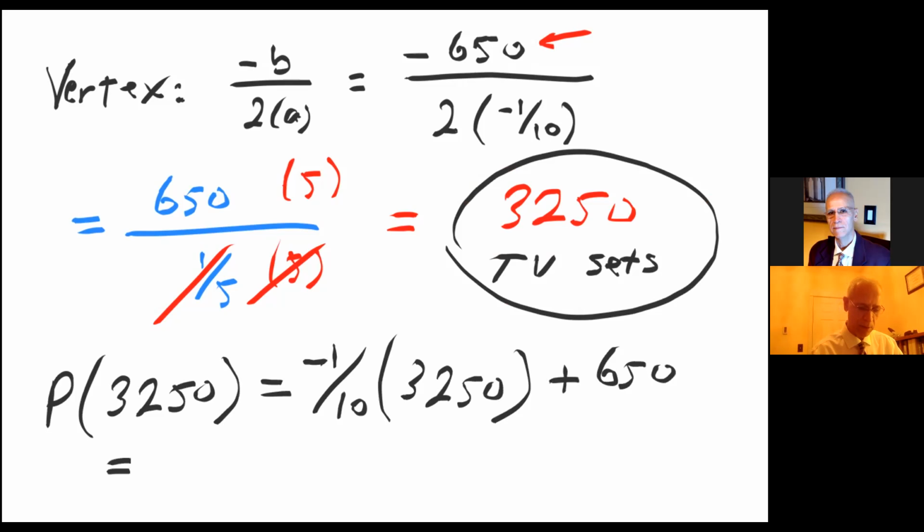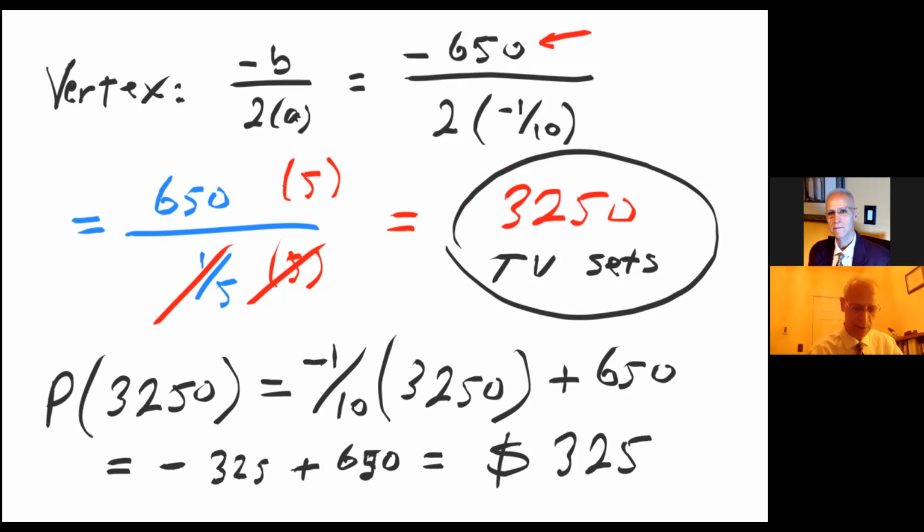And so this equals negative 1/10 of that, which is negative 325, plus 650. So that gives me $325. So $325 will bring the maximum revenue.